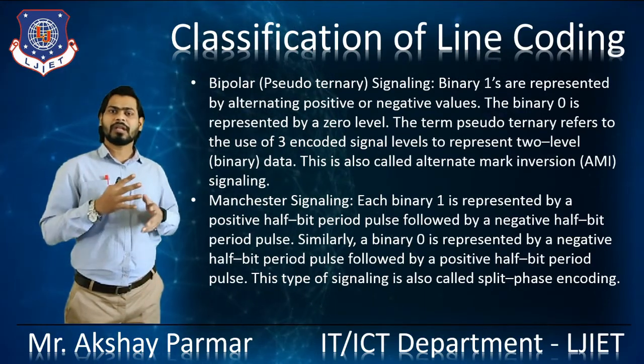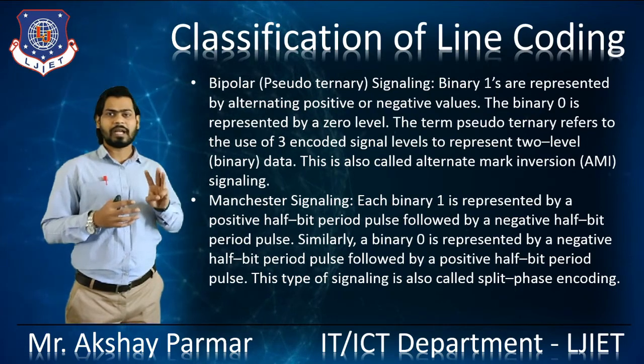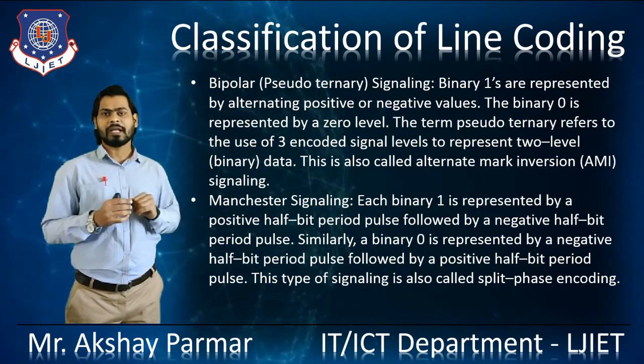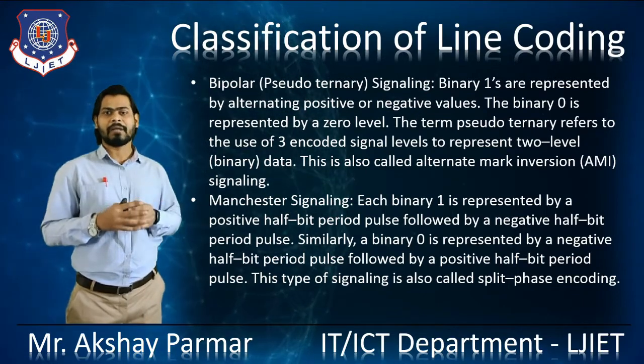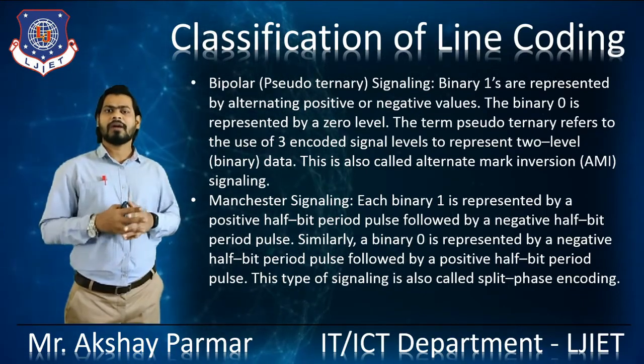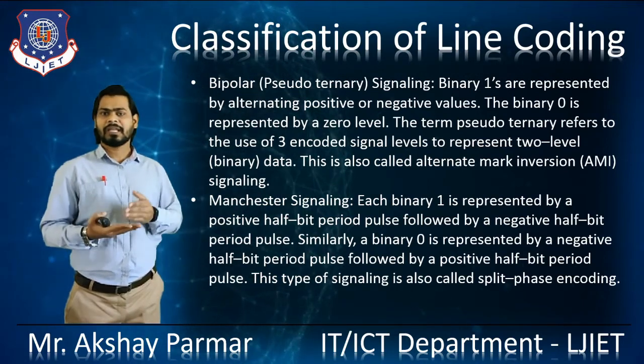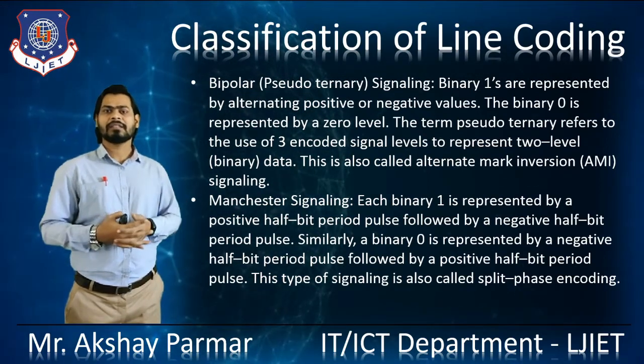The term pseudo ternary refers to the use of three encoded signal levels to represent two-level binary data, right? This is also called alternate mark inversion, or AMI signaling, right?